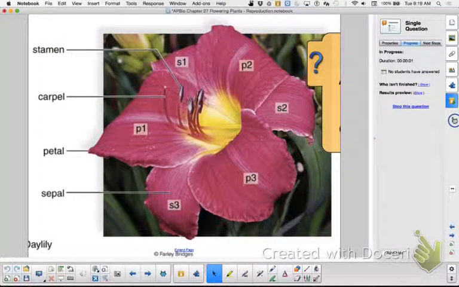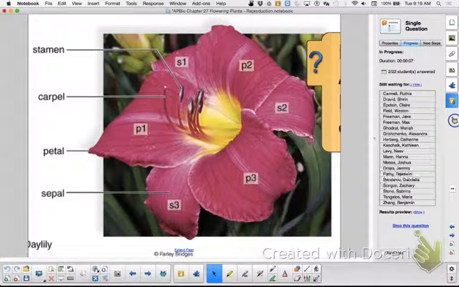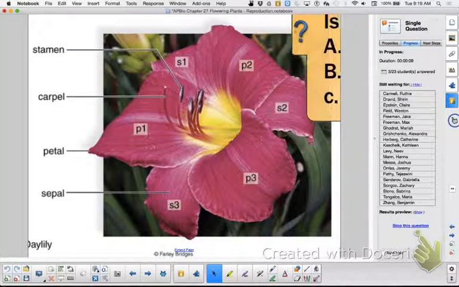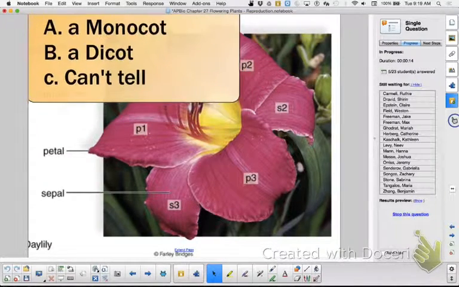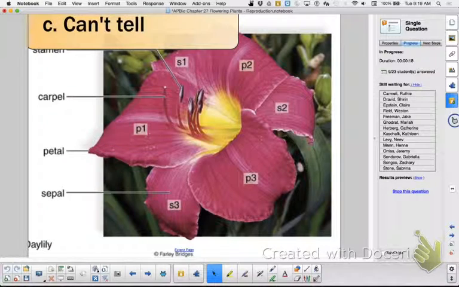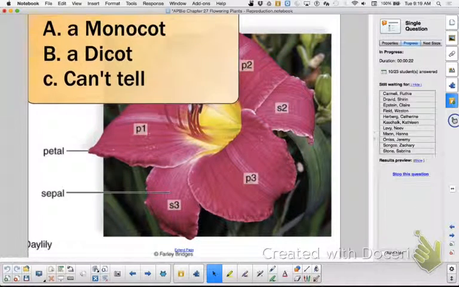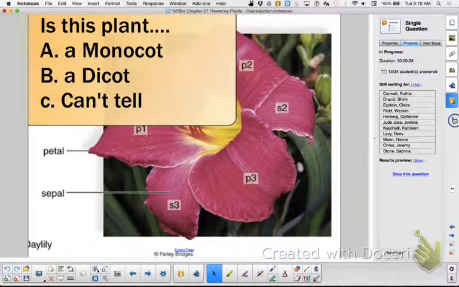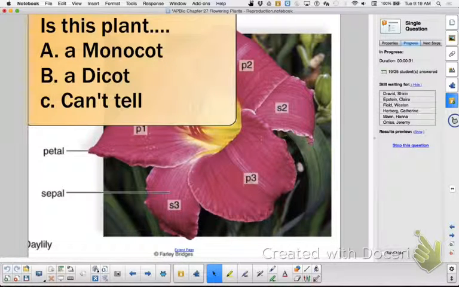Take a look at it. What are the S's and the P's?